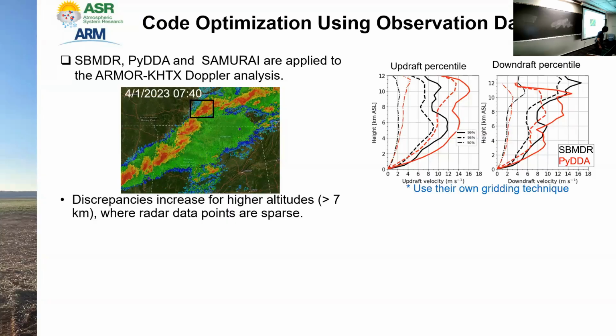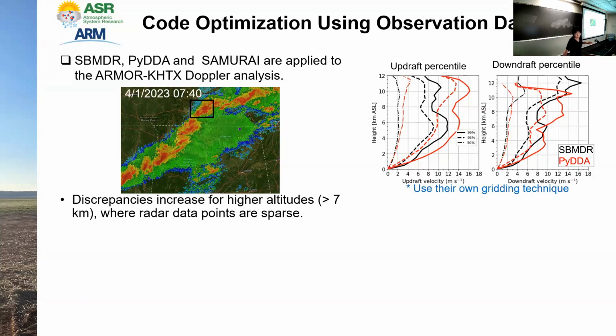The color represents PyDDA, and blue shows our code. So there are several differences, but basically they are okay for the peak of the updraft here and the second peak just here. But the magnitude is a little bit different.